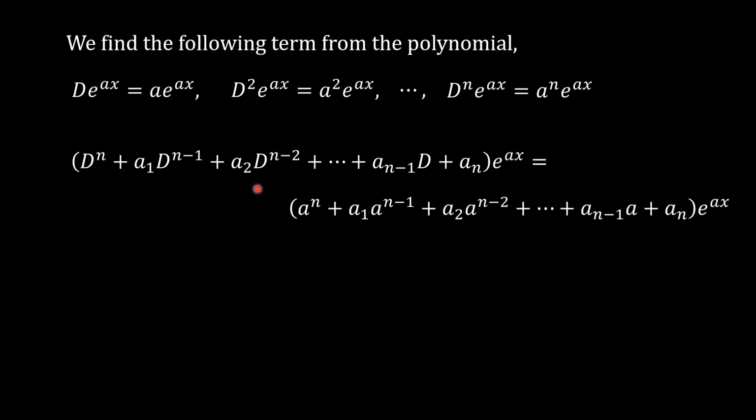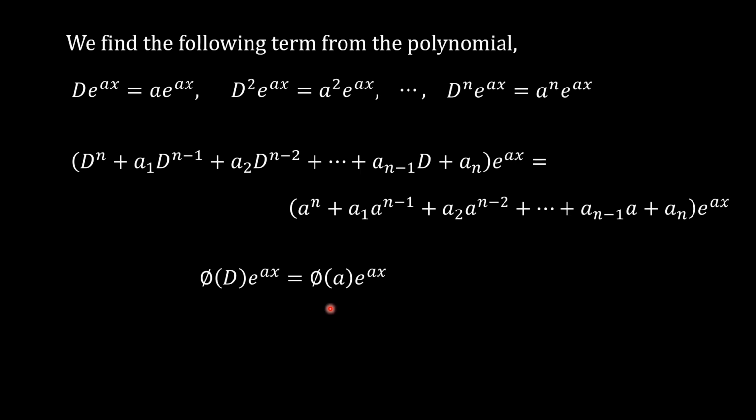But what is this? This is the polynomial phi of D, and we can clearly observe that each D here is replaced by a. So if we compare both the sides, left and right hand side, we can easily write that phi of D of e raised to ax is equal to phi of a into e raised to ax.